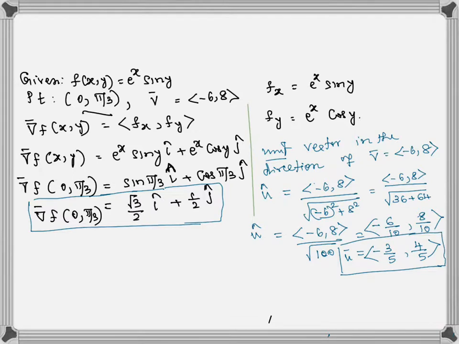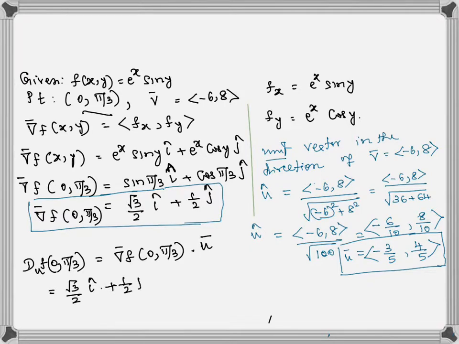So in order to get the required directional derivative in the direction of v, all we have to do is the dot product of the gradient vector with the unit vector that we found. So D_u f at (0, π/3) is del f at (0, π/3) dot the unit vector u. So it is root 3 over 2 i plus 1/2 j dot product with -3/5 i plus 4/5 j.